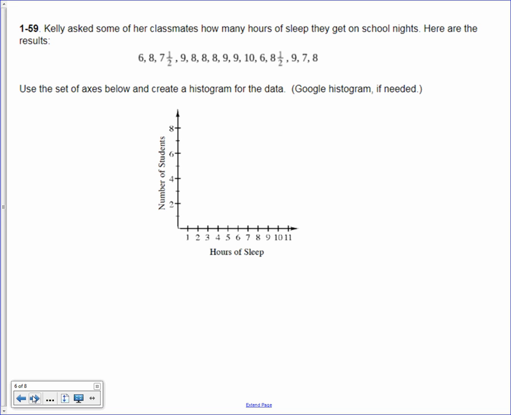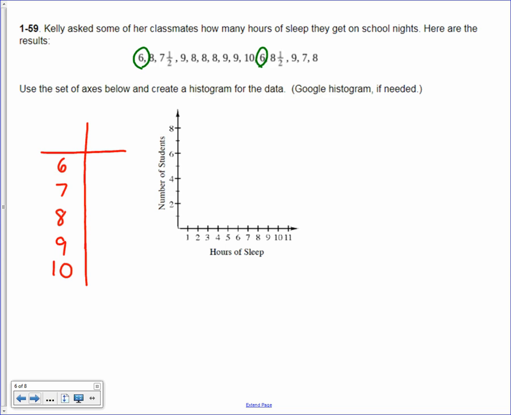Problem 59 asks us to make a histogram. So you might want to make a quick frequency table to help you out with the histogram and figure out how many of each one there is. So I know that my numbers range from 6 to 10. So I know that my ranges are going to be how many numbers are in the 6s, 7s, 8s, 9s, and 10s. So if I count, I can see that in the 6s, there's 2 6s.